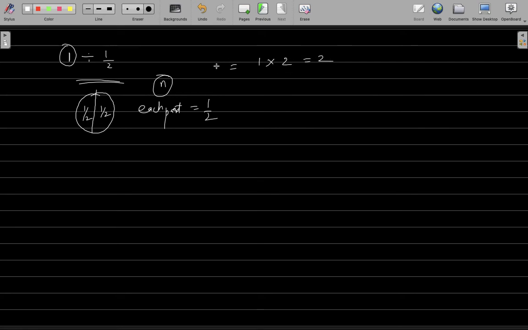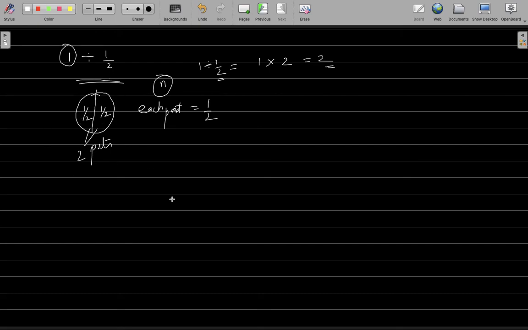So 1 divided by 1 by 2 can be obtained by replacing the division sign by multiplication and taking the reciprocal of 1 by 2, which is 2. That's where you get 2. So you have 2 parts where each part is equal to half of the whole.